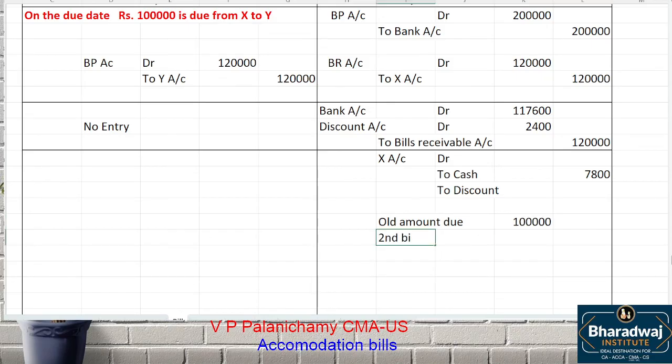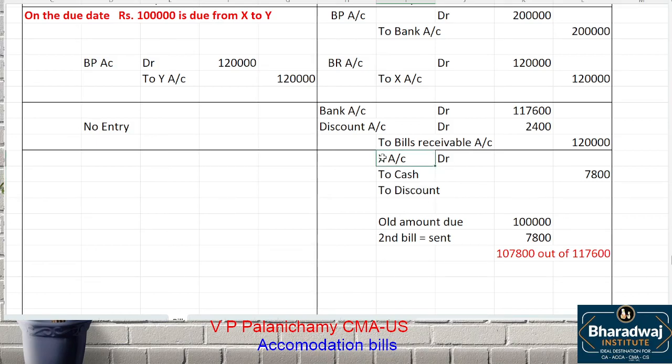Second bill sent 7,800. So 1 lakh 7,800 out of 1 lakh 17,600. This is the proportion of money used. So discount also should be borne in the same proportion. Discount will be 2,400 into 1,07,800 out of 1,17,600.